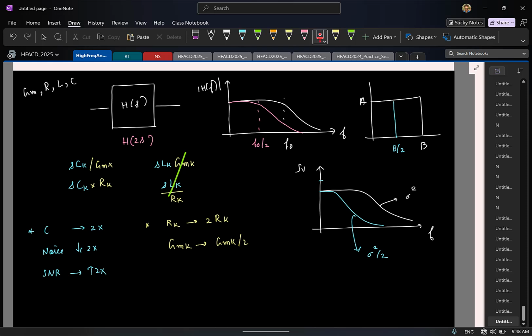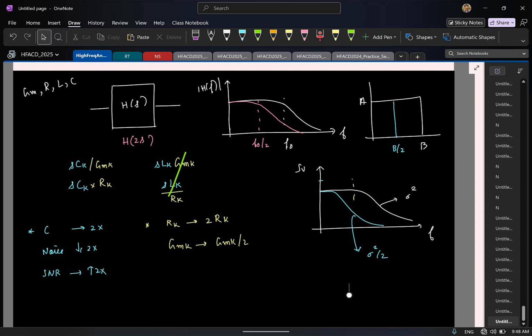So let us say now I consider this case where I am scaling the resistances and transconductance. Then how will the power spectral density look like? Bandwidth is of course reduced by a factor of 2. But what can you say about the low frequency power spectral density? It has become twice, because it's 4kT times R or 4kT by gm.